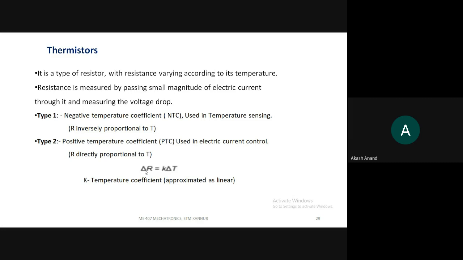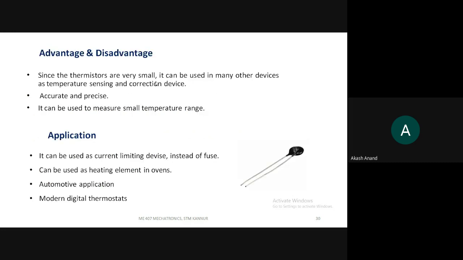Okay, so I think it is clear to you what a thermistor is. Here, the resistance varies according to the temperature, and resistance is measured by passing a small magnitude of electric current through the device, and the voltage is measured. And there are two types.